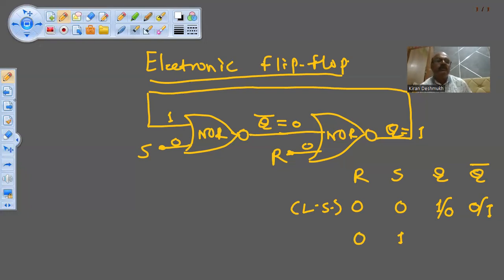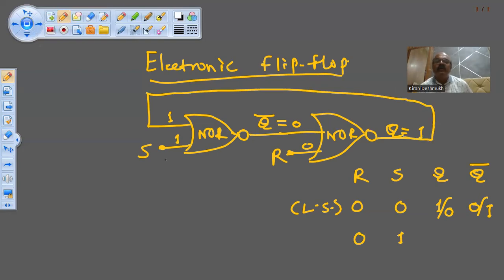Now if I make this S1, then Q is also 1, S is also 1, so Q bar will be 0 and Q will be 1. Let us assume that R is now 1 and S is 0. Now what will happen?